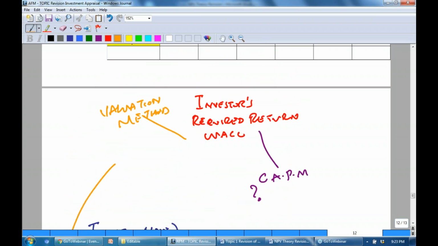And I reply that it is by a valuation method, for example by KE, the dividend valuation model.